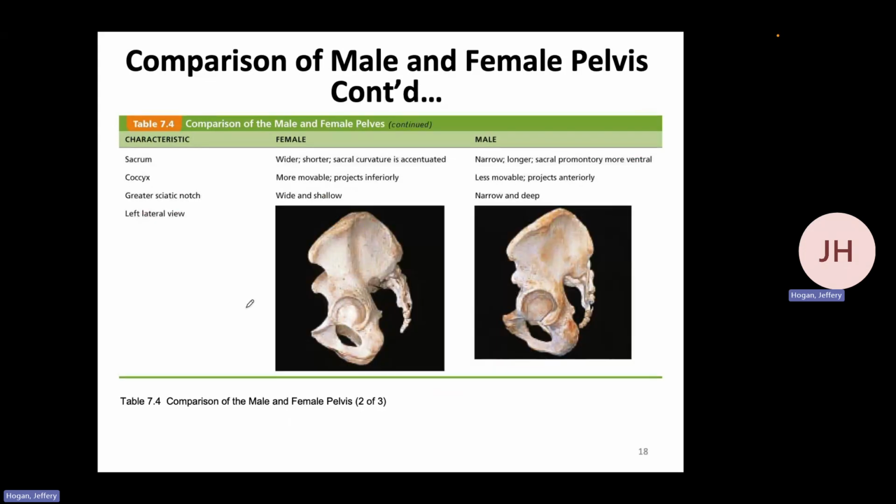Right? Some other visual differences we can see here as we look at the sacrum and coccyx, the female pelvis, we can see the sacrum and coccyx. We still have this posterior convexity or kyphosis happening down here, but the whole thing is angled outward, right? Whereas in the male pelvis, everything is tucked in a little tighter.